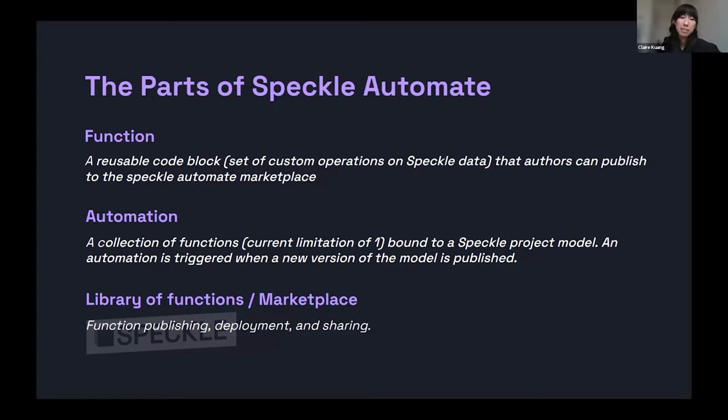And to give a little bit of context around who we expect to use Speckle Automate, it's our developers that are familiar with their Speckle data and our SDKs that will author these functions to perform specific operations on their models.